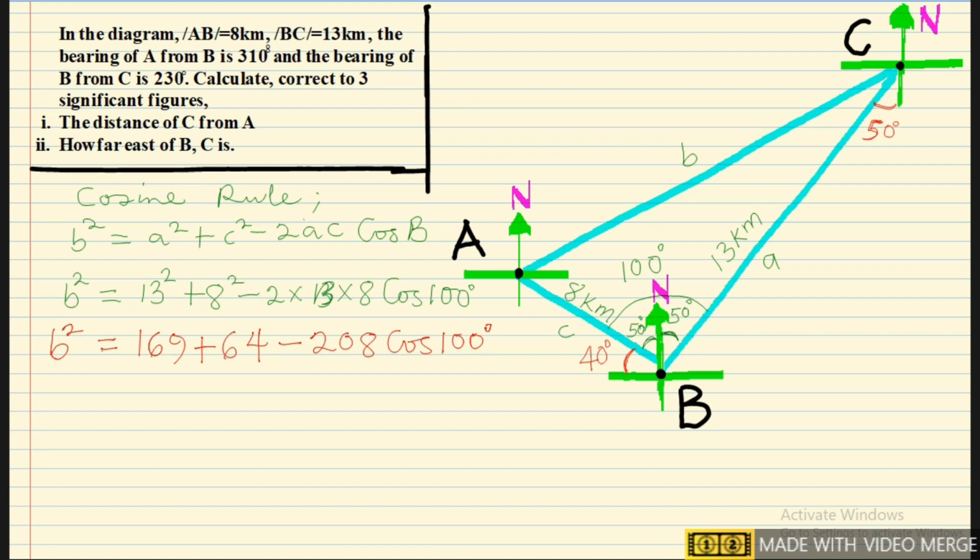You can even go ahead and just add 169 to 64, that's 233. 233 minus 208 cos 100 degrees. Make sure you don't subtract by mistake: 233 minus 208 cos 100 together.